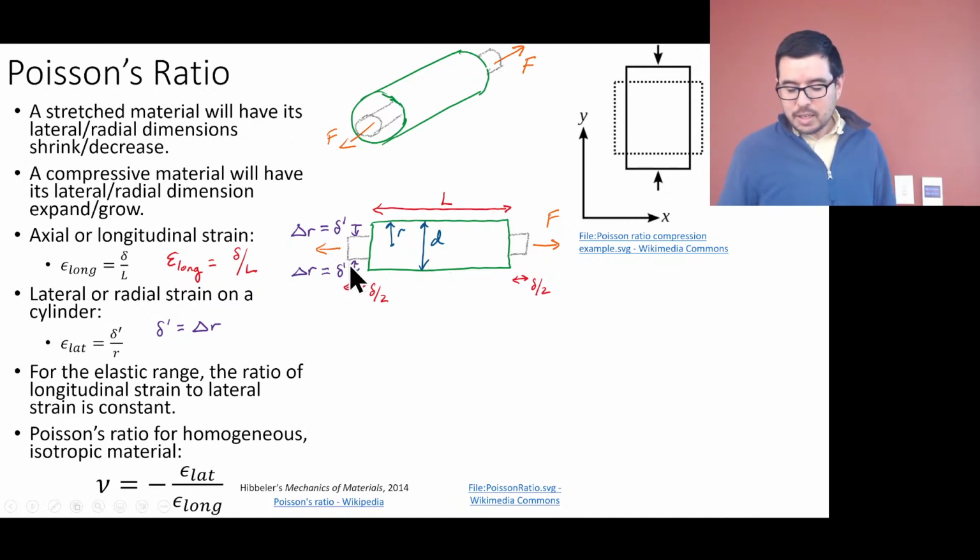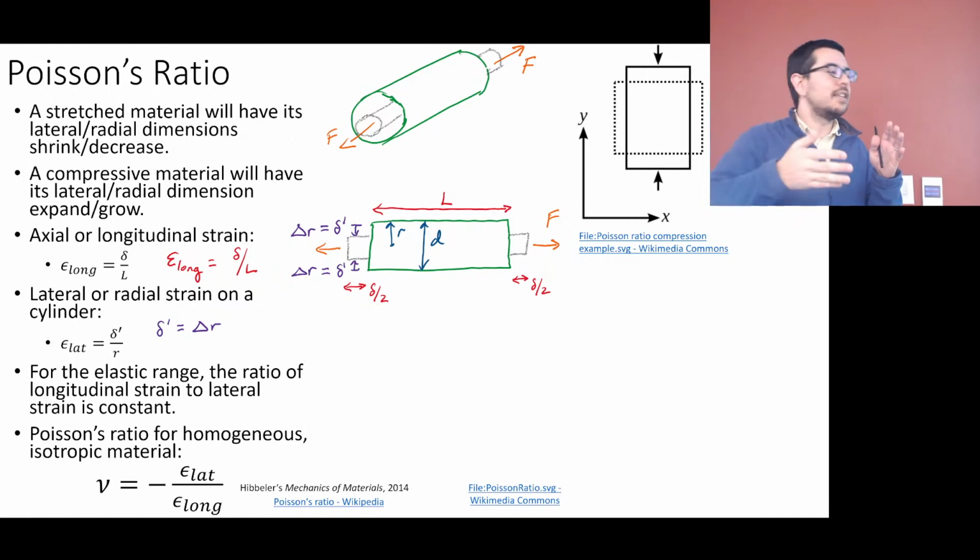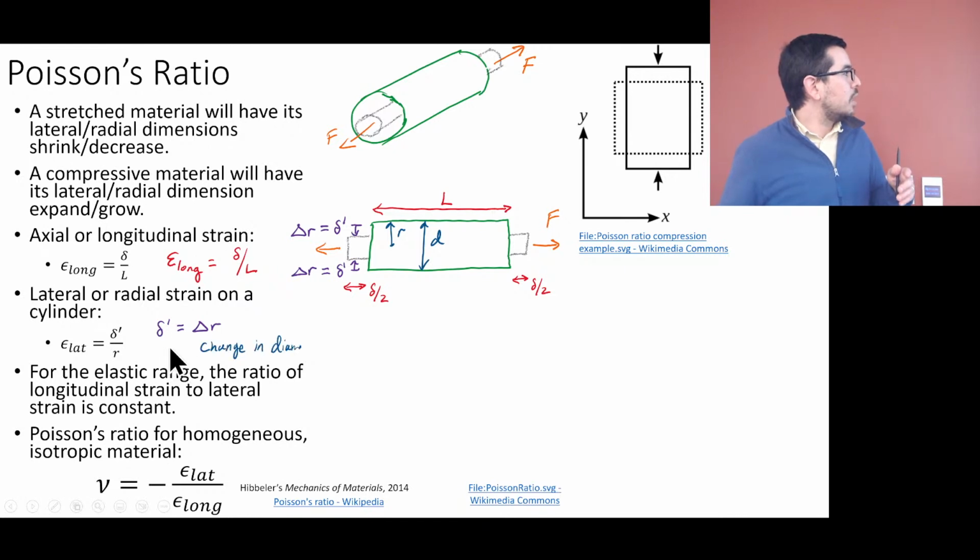Because it's delta prime on whatever, opposite sides, okay, of a cut, all right? So I get confused, okay? But this delta prime is the change in the radius, and the change in diameter is delta d, which is 2 times the change in the radius.